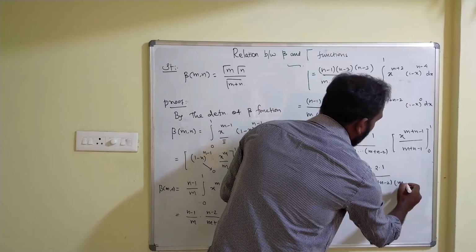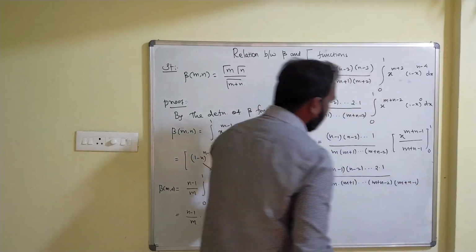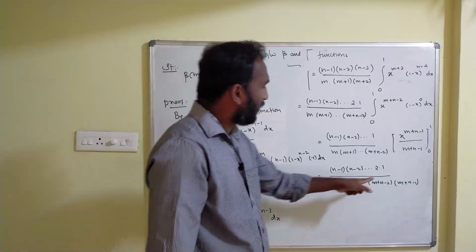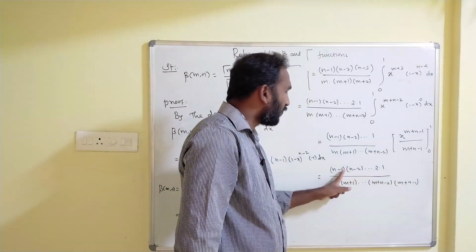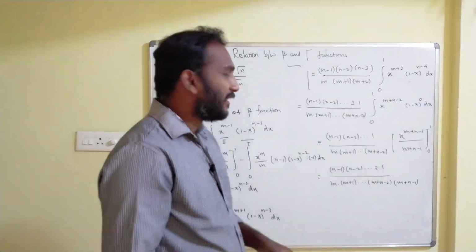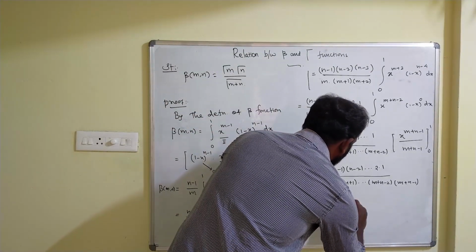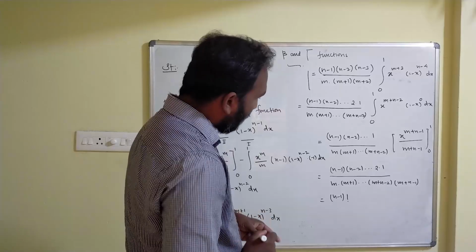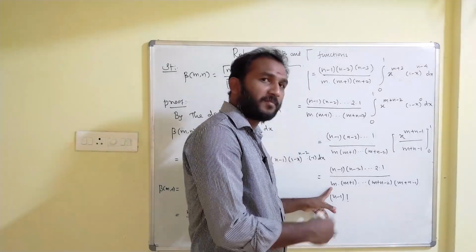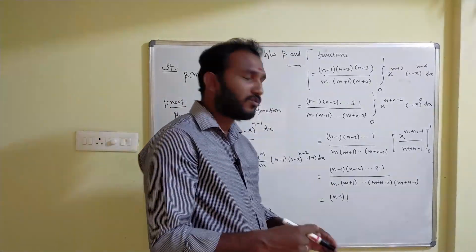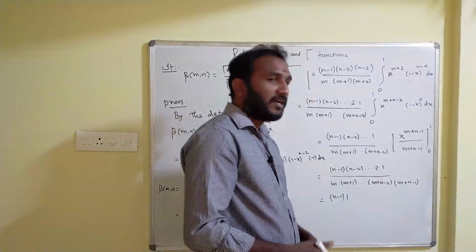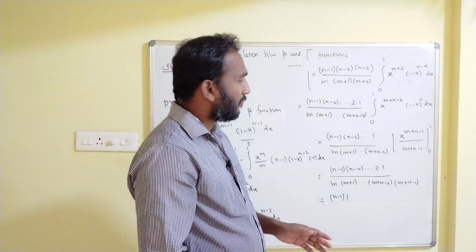The one more term here we have is n minus 1. Now look at the numerator, it is like 1, 2, 3, 4 up to n minus 1. We can write it as n minus 1 factorial, and the denominator starts from m plus 1. If it started from 1 up to m minus 1, then directly we could write it as m plus n minus 1 factorial.